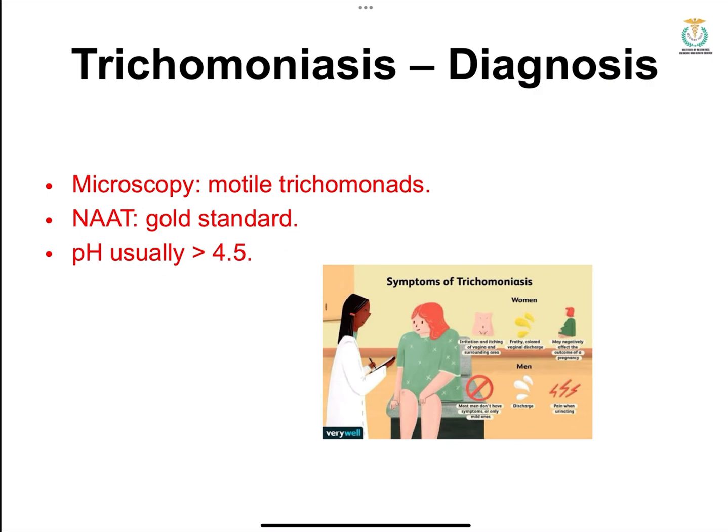Moving on to the diagnosis. As I have mentioned, most men do not have symptoms, or only mild ones, but women will have vaginal itching in the surrounding area, pain, and frothy colored discharge.